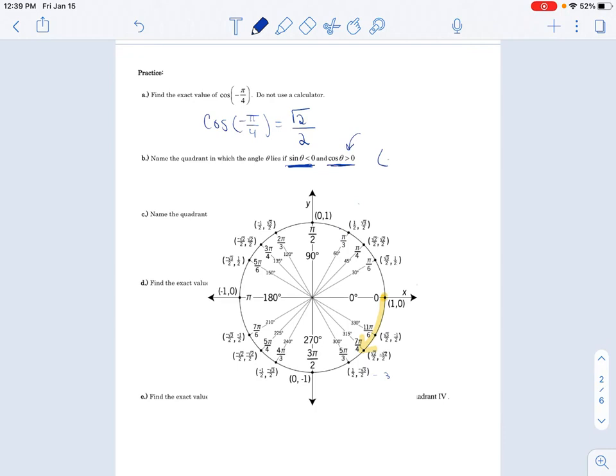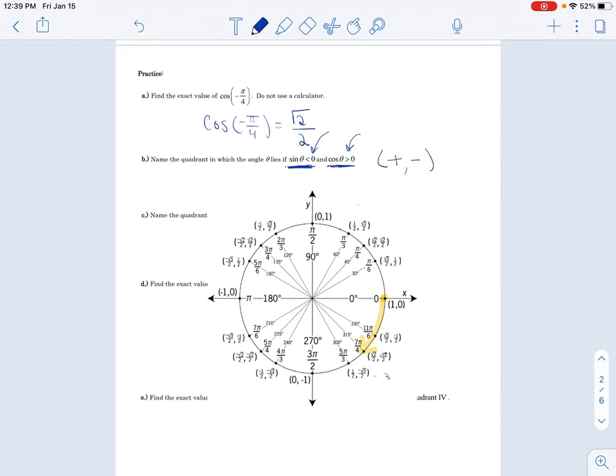So this is saying my x's are positive and sines are negative. So that means my y's are negative. So what quadrant would I have a positive, negative? Well, that would be quadrant 4 right here, right? Because I have positive and negatives. So this is quadrant 4.